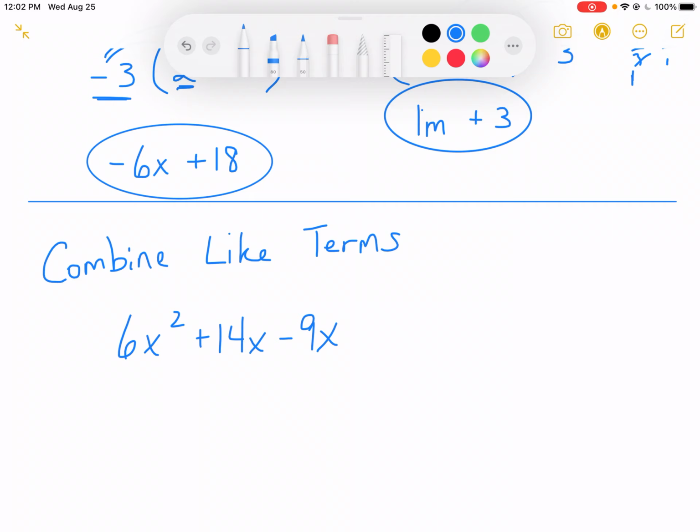Okay? The like terms here are the ones that have the same variable and the same exponents. So I'm looking at 14x minus 9x. Those are in common. So this 6x squared, I just keep it. 14x minus 9x, 14 minus 9 is going to give me positive 5x.